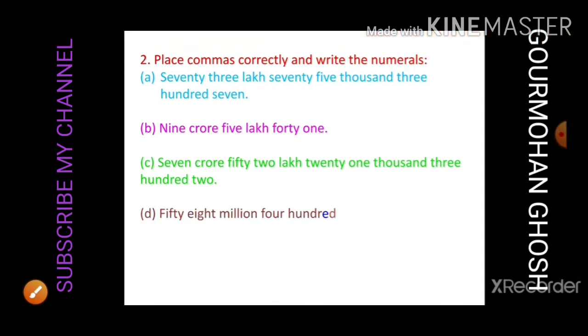You see, 58 millions 423,202. This is given in the International System of Numeration.